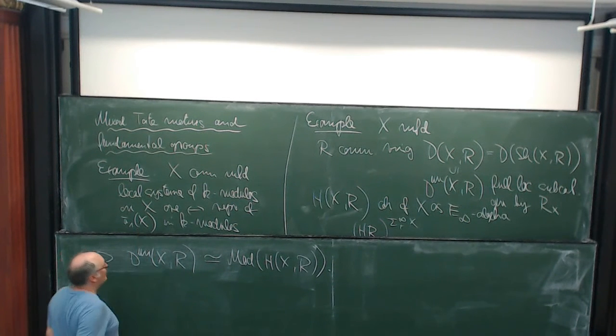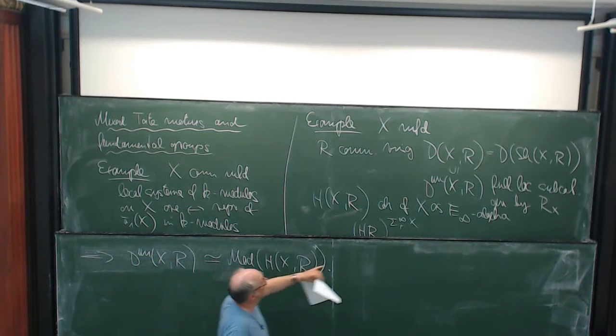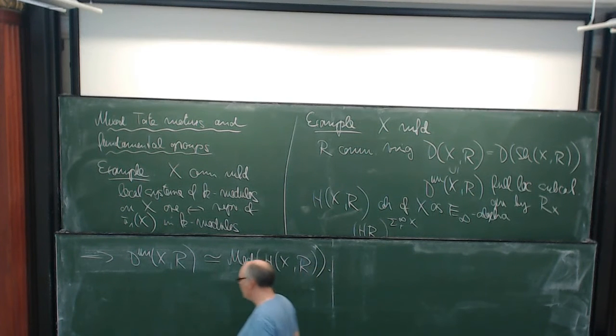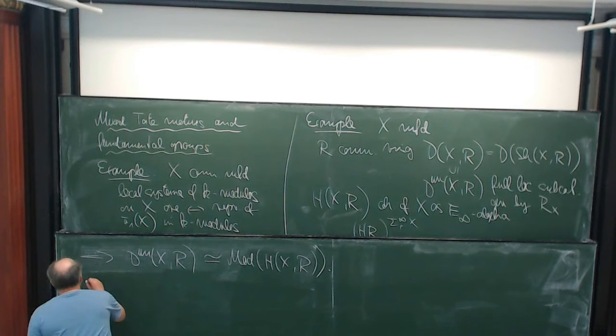But you cannot directly argue this, because this category is at least a big category. In the big category, the tensor unit will in general not be compact. So we have to introduce another category.